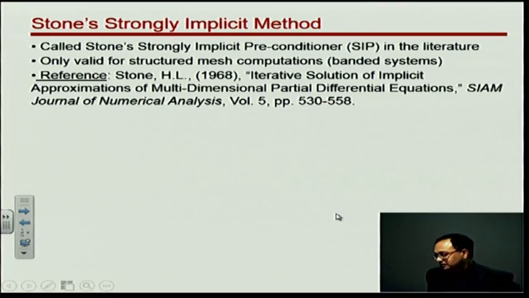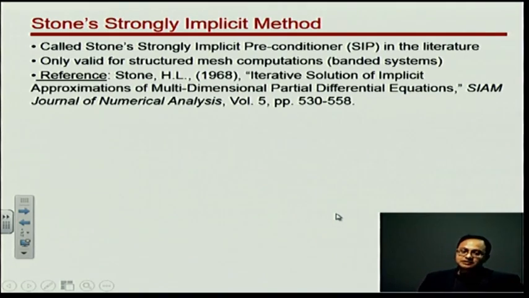So here's the original reference. As you can see, it's a pretty general title. It says Iterative Solution of Implicit Approximations of Multidimensional Partial Differential Equations. It was published in the SIAM Journal of Numerical Analysis in 1968. What we are going to discuss today is the 2D version of what he did.